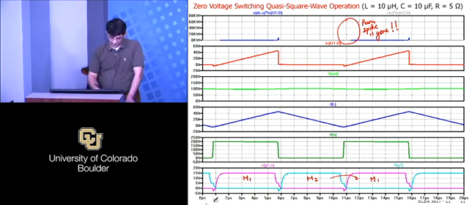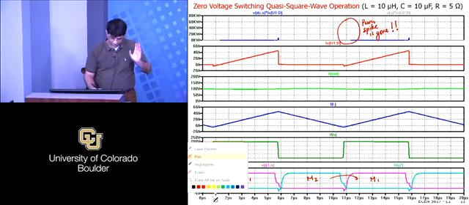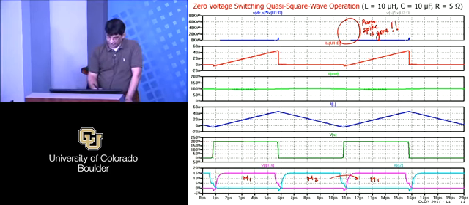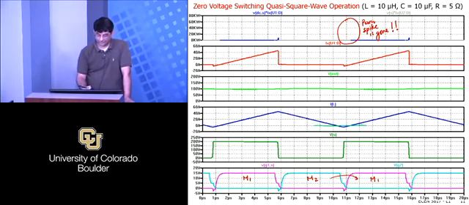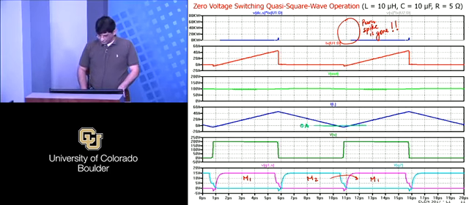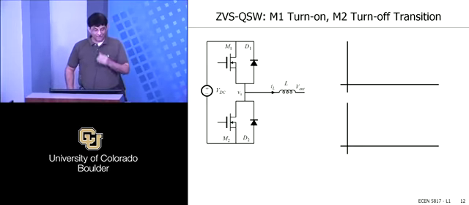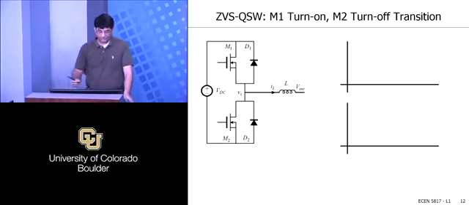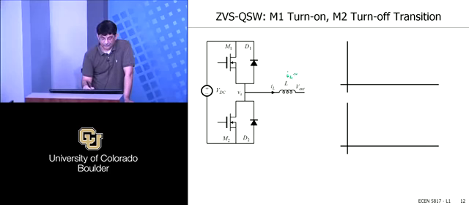Here's what you have to notice, right? The big difference is not the fact that you just have large ripple, but the big difference is that you have at that transition negative current through the inductor. So here's your 0 amp level. That transition is now happening with negative inductor current. So let's look at that transition again and see what would happen if the inductor current was actually negative. I'm going to still assume that IL is approximately constant through that transition.